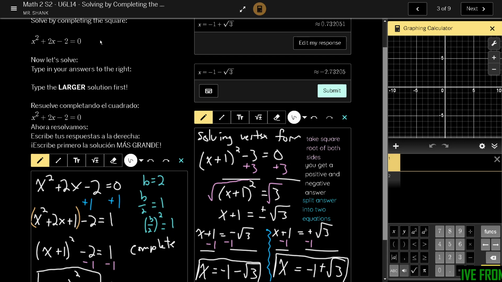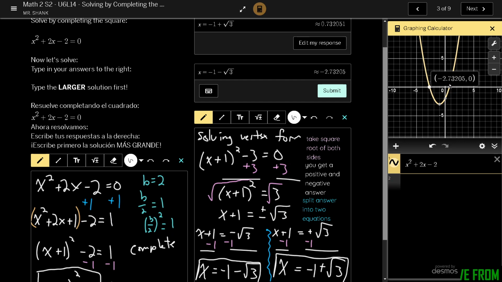Either way works, because they should be the same already. I'm going to say x squared plus 2x minus 2. Let's look at our two values here. We have negative 2.73 and positive 0.73. Notice how those values line up with the two values that we got for answers. And that way we know we're good.